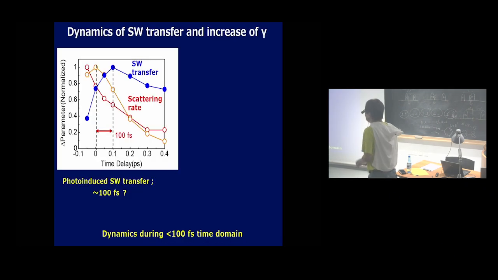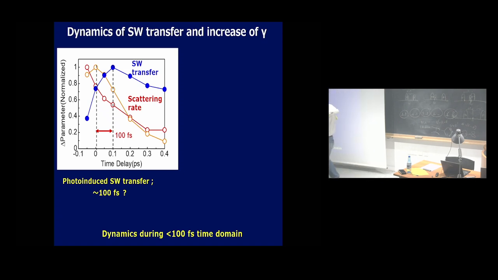So our purpose is to determine the time scale for this kind of spectral weight transfer. The red dot shows the increase of scattering rate, which increases immediately after the excitation.